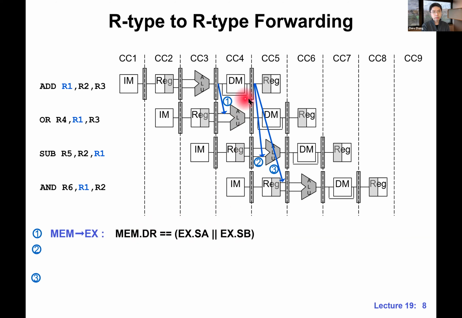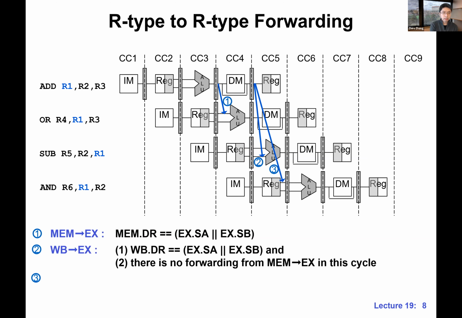All right, the second path is where we forward from WB to EX. And here's the condition. Again, this part is not that surprising. We also need to check whether there's a dependency or not. Once again, this is information being held in the pipeline register.